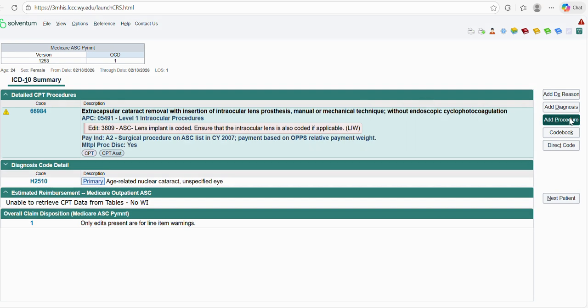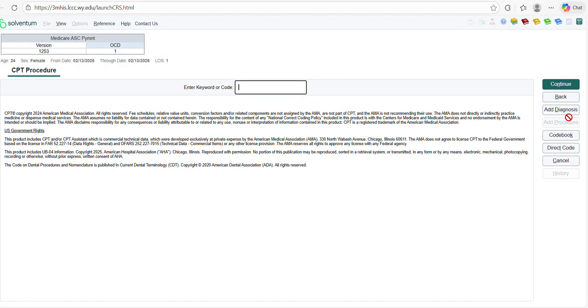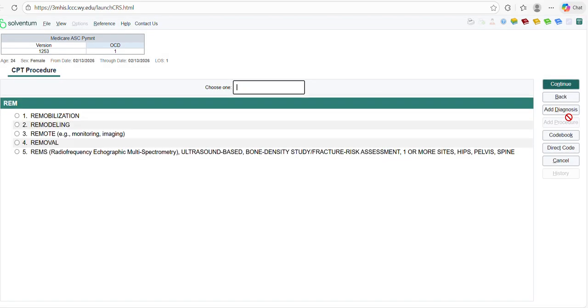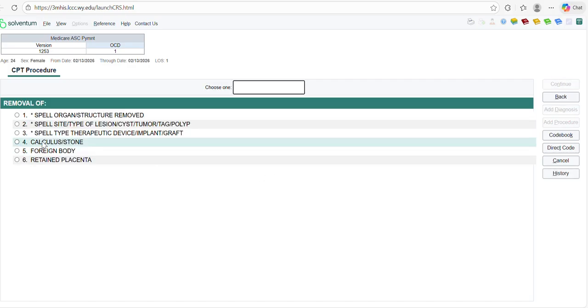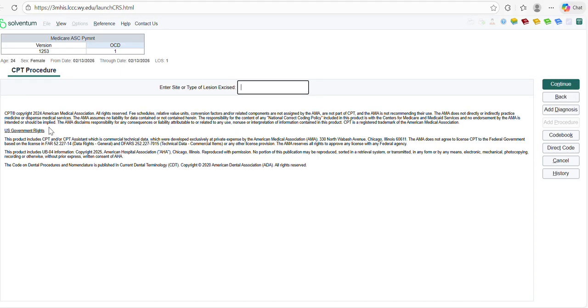Okay, how to navigate the complex removal of the cataract? Complex cataract.